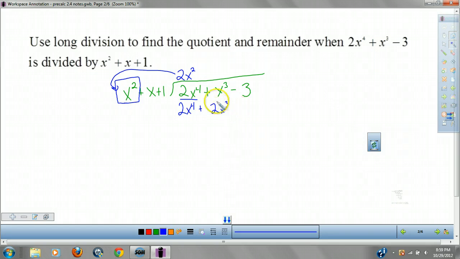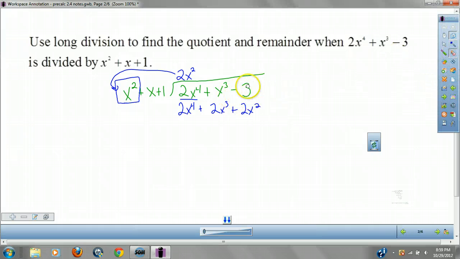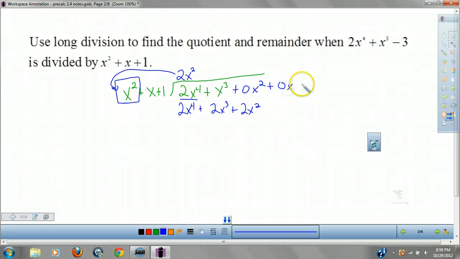Now this one we can't combine with plus 2x squared. These guys don't match up. Because when you write these, don't get mad at me, I need these placeholders. Because I have 0x squared plus 0x minus 3.